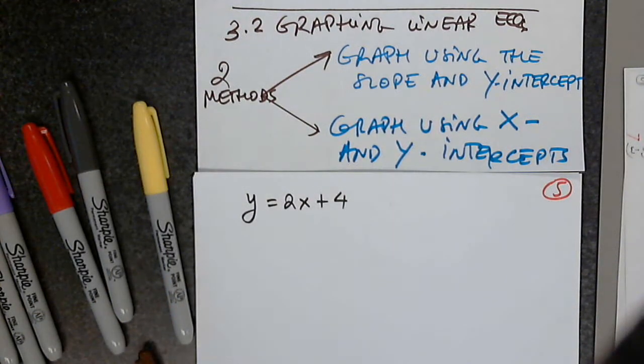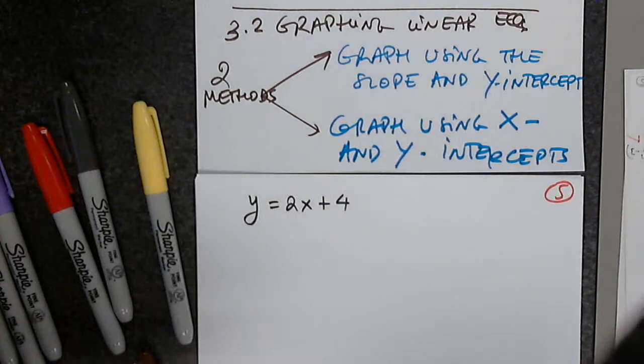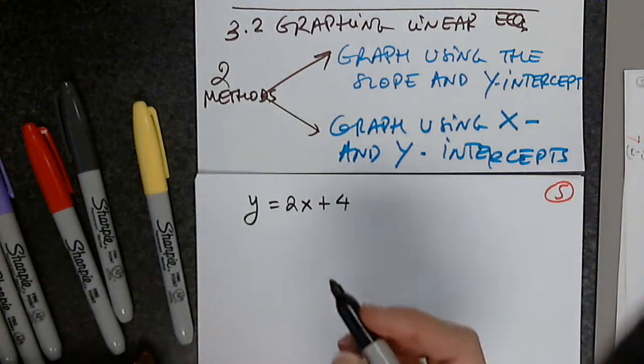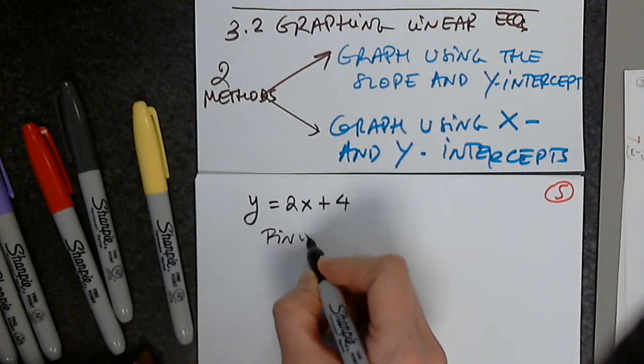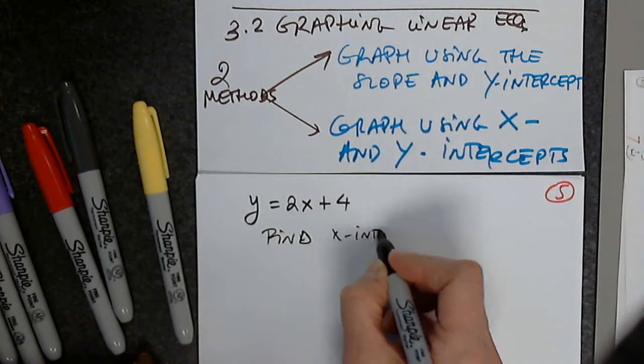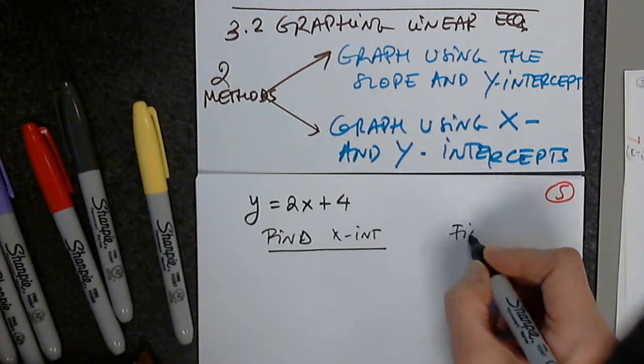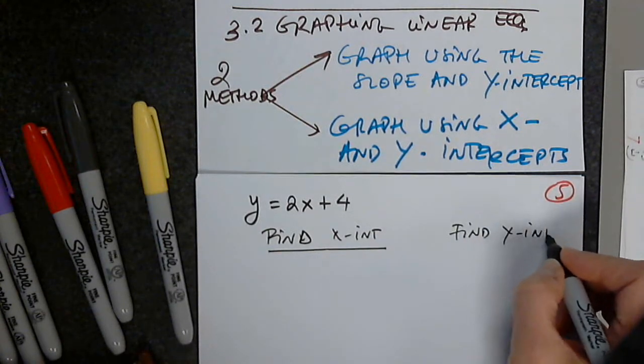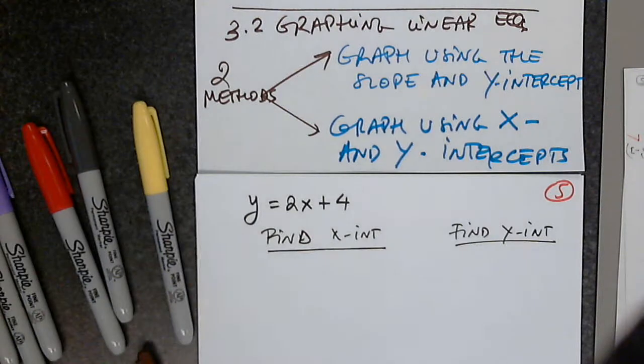Okay, so I already know what the equations are. We just talked about it 20 minutes ago. So find x-intercept, and then finding y-intercept. So in order to find the x-intercept, what do I know about the x-axis? We wrote it as a big note, and we said, very, very important.